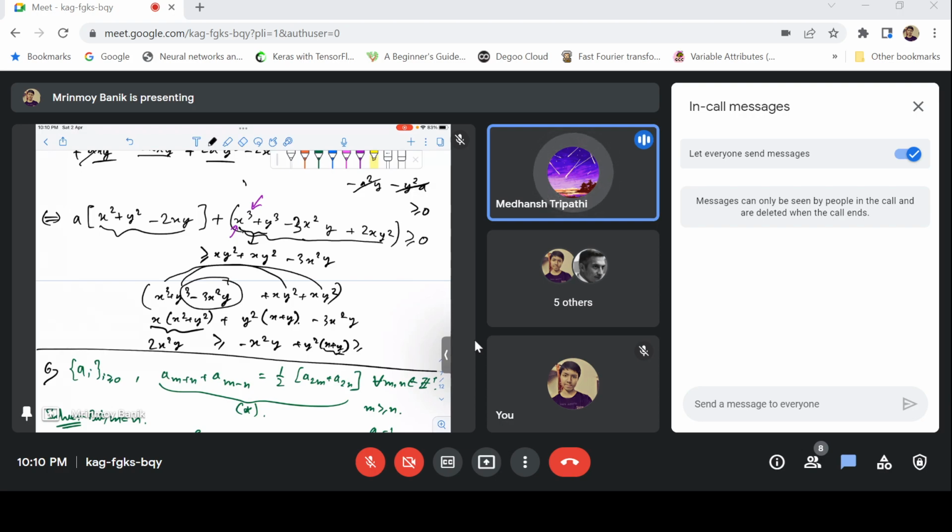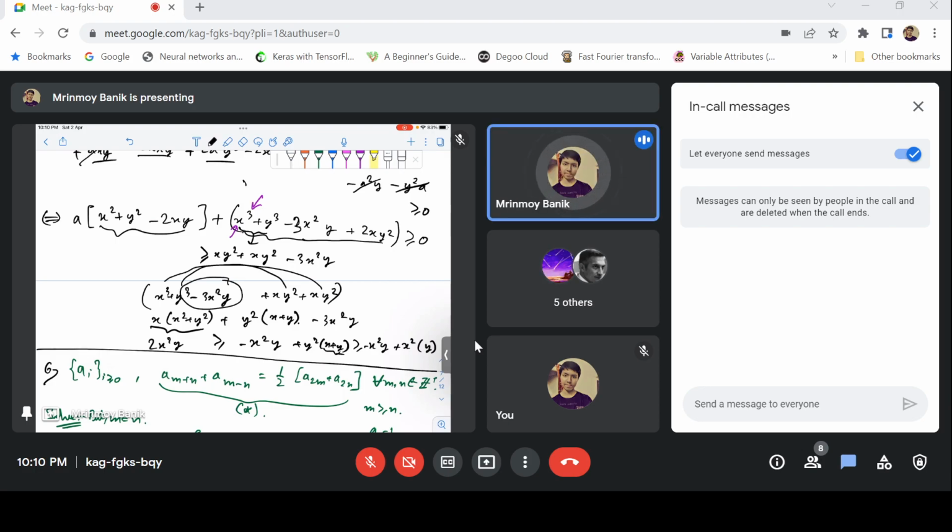We already have 2x squared y. If we write that this is greater than or equal to x squared y, then we can add up and get that this is overall greater than 0, which is easy because y is greater than x.